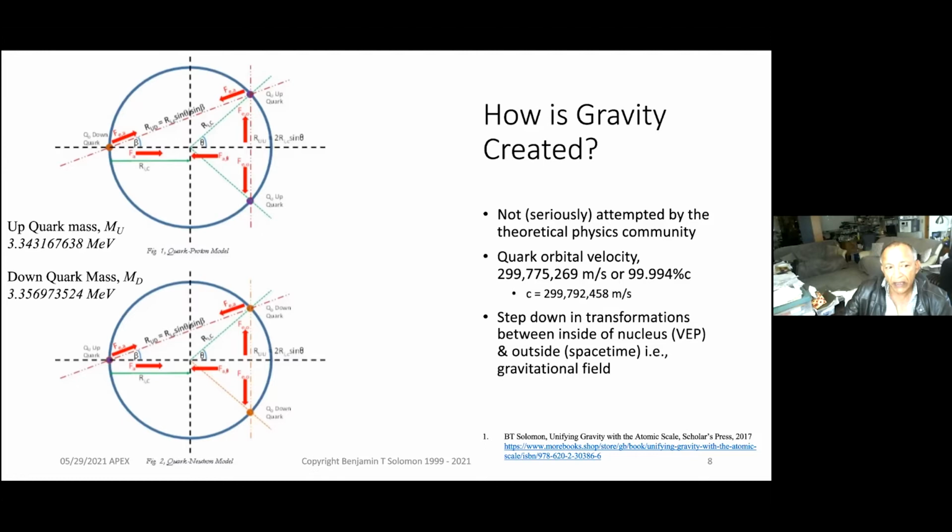The reason why I say that the problem is it is not possible to empirically measure the mass of a quark, because quarks do not exist outside protons and neutrons.